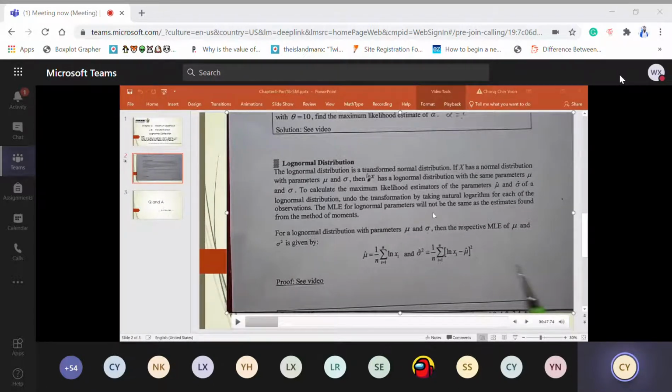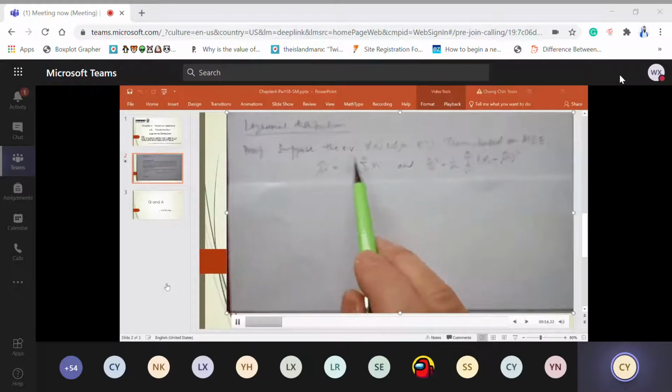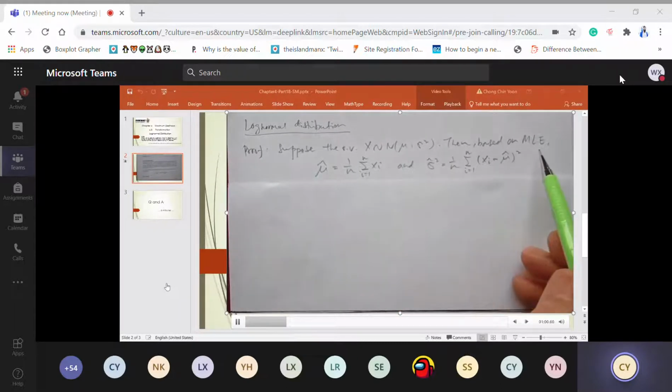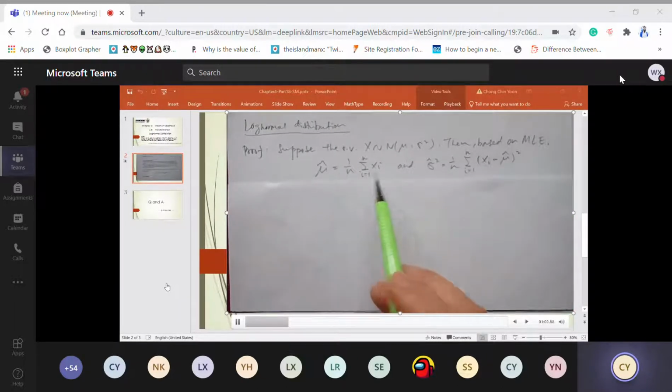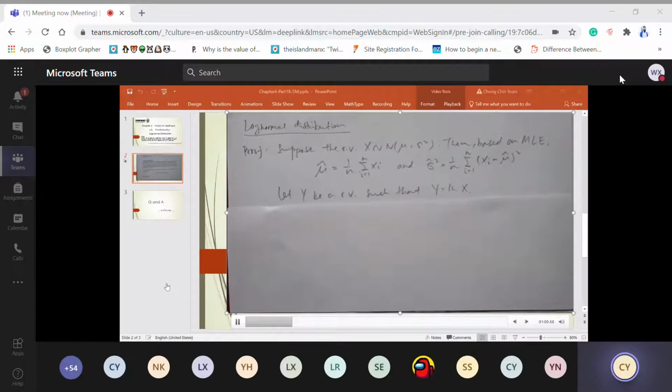Okay, so when you do the transformation for log normal distribution, the MLE for log normal are the same estimates found from the method of moments. Okay, I don't know what happened, it jumped already. Okay, so carry on. Log normal distribution. Proof. Suppose the random variable x is normally distributed with the parameters mu and sigma square, then based on MLE, the estimates of mu and sigma square are given by these formulas. Let y be a random variable such that y is log x.